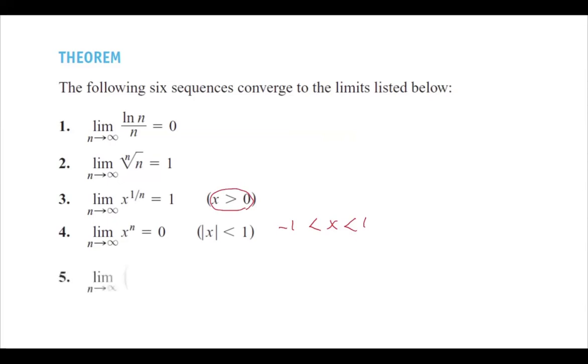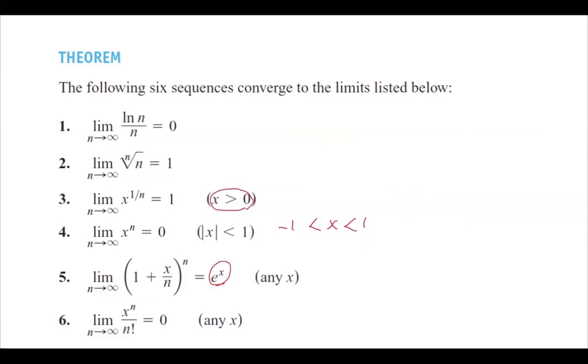Number 5 is the limit of (1 plus x divided by n) to the power n, which is the exponential function e to the x. And number 6, the limit of x to the power n divided by n factorial as n goes to infinity is equal to 0 for any x.